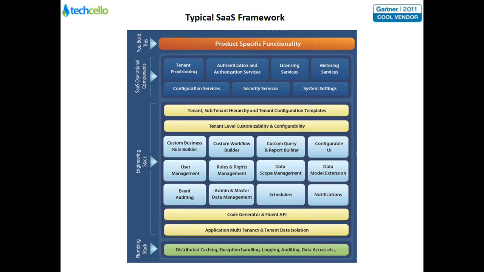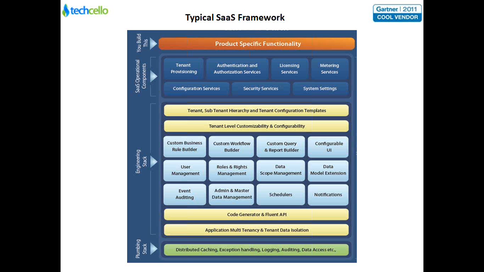There is also a SaaS operational component which provides a set of modules that deal with the management of the SaaS product itself, right? Like we saw, this is in no way a direct functionality for an end user, right? Tenant provisioning is basically a feature that will allow you to add a new customer into your system. Now this is purely for your own operational efficiency, right?